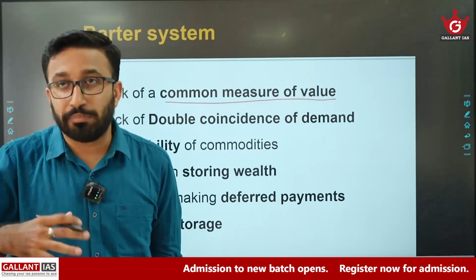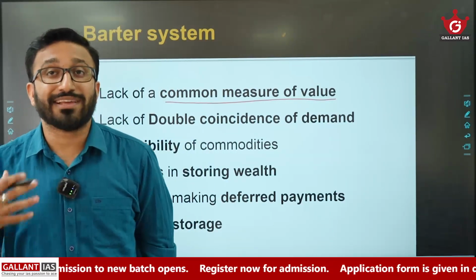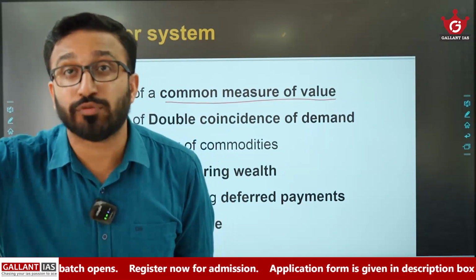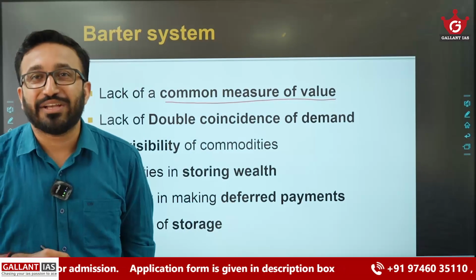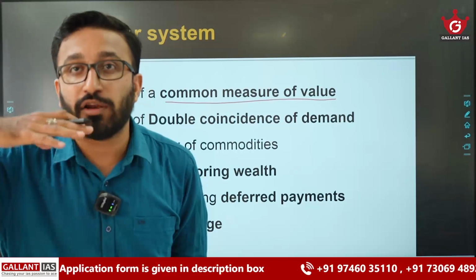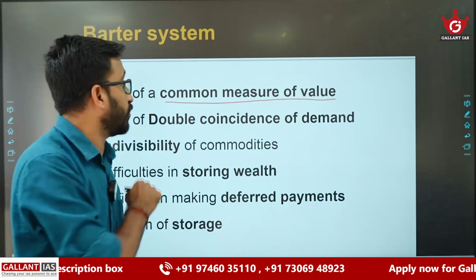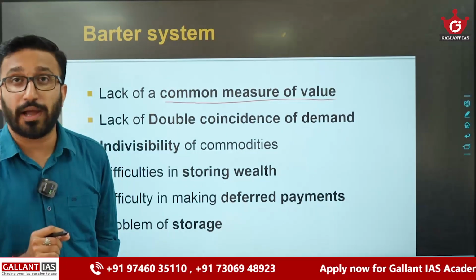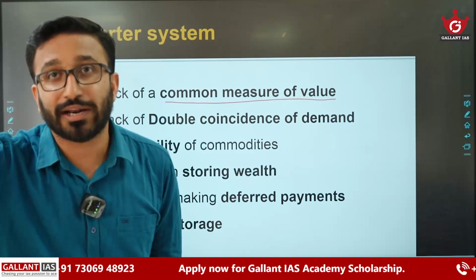So somebody else from my area will be having rice with them. The only thing that I can exchange for that rice will be a goat. Okay. So how can I compare the value of my goat with that of the rice? That is the first issue. Lack of common measure of value. I cannot compare my goat with that of the rice.